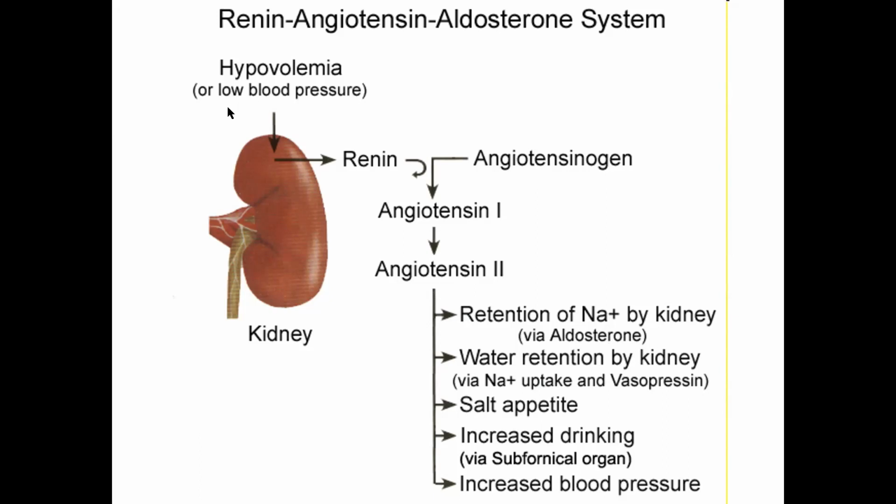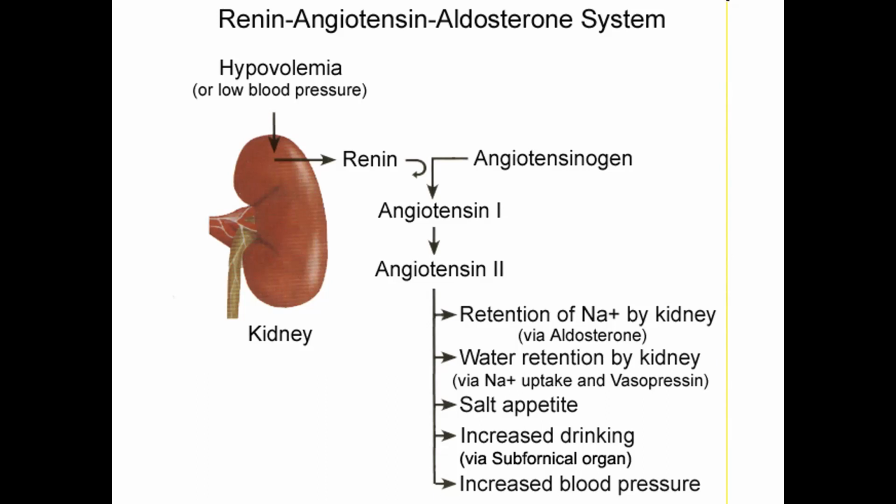Remember, this is for low blood pressure. You need to increase the volume of water in the blood. So there's increased retention of the sodium. And then there's water retention, because the sodium draws the water. Remember, we talked about hypertonic solution. And then it increases your appetite for salt.